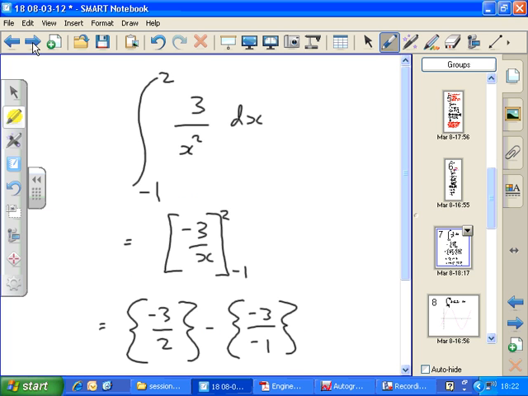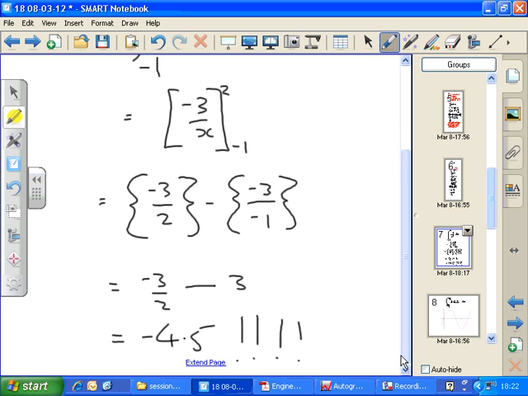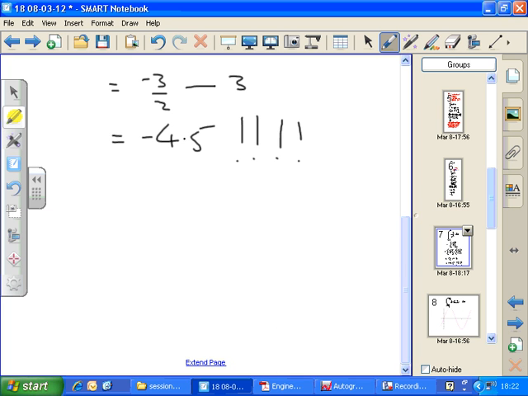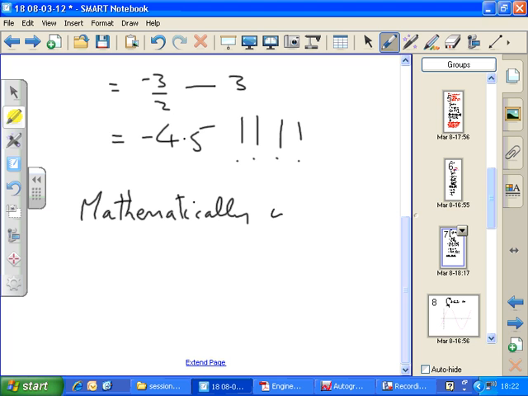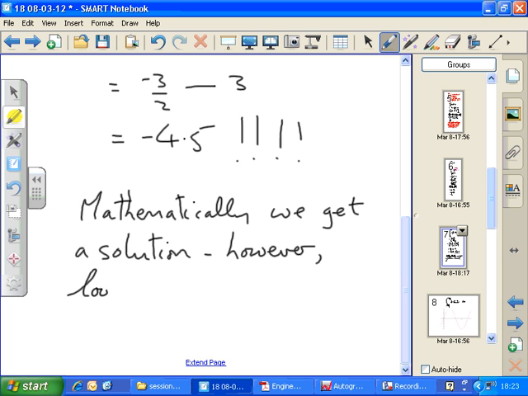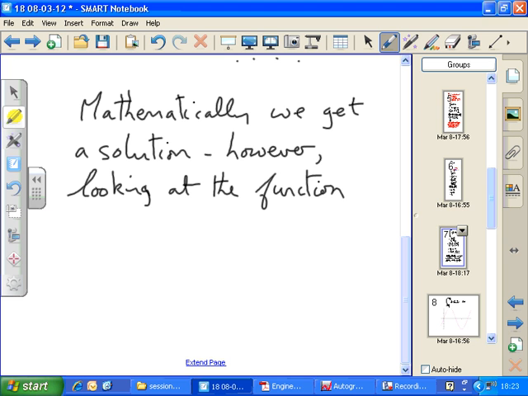So, just to make a note on that: mathematically, we get a solution. However, looking at the function, we can see that this makes no real sense.